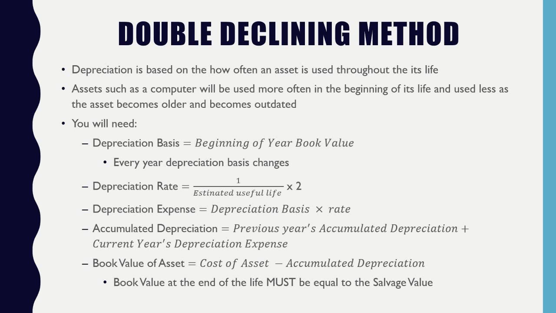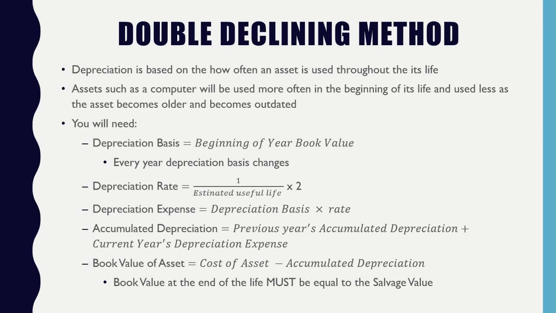And then, of course, when we solve for depreciation expense, it's going to be your depreciation basis times your rate. Whereas with units of production, it was the number of units you produced that year times the rate. In this case, no. You're switching it up, and this formula uses the depreciation basis and the rate.